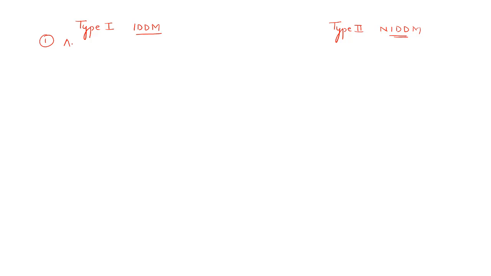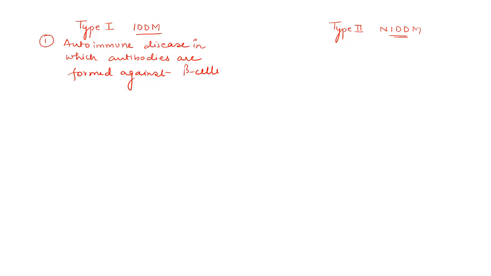Type 1 is basically an autoimmune disorder in which antibodies are formed against beta cells. Here, insulin secretion is normal.